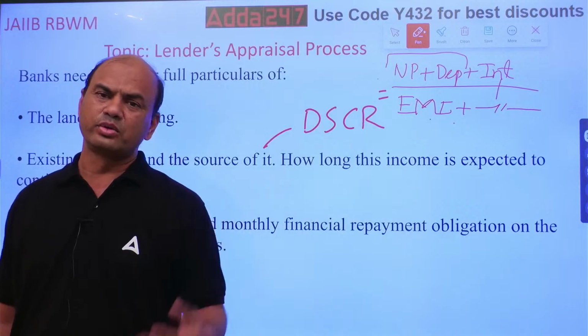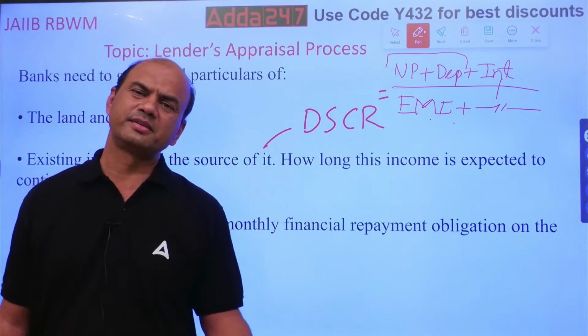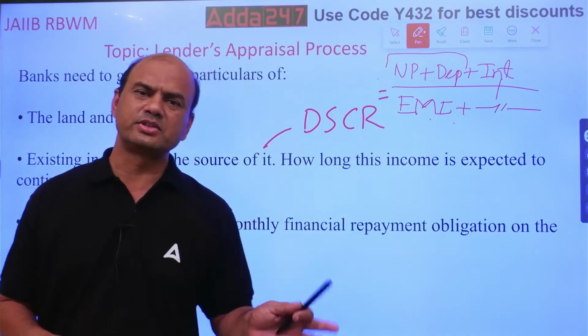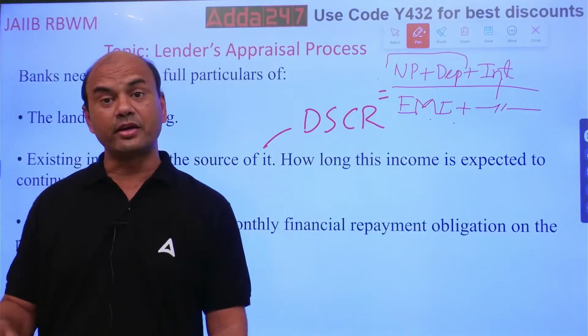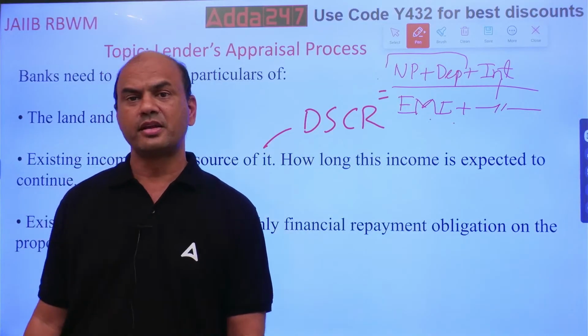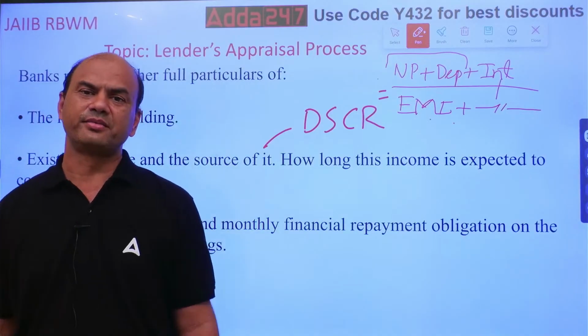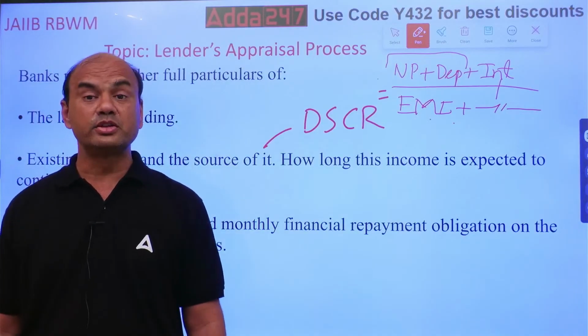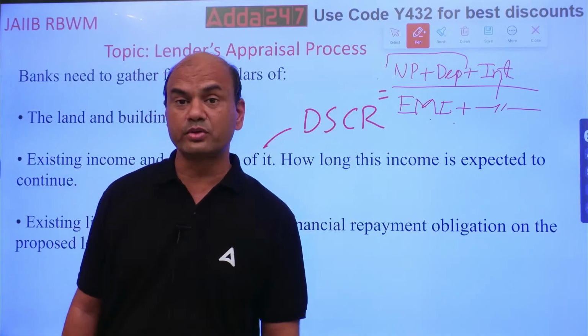Earlier, before 2000, people once in a job stayed up to 58 or 60 years, no problem, and after that there was also a pension. Now everything is unstable. There is no permanent job concept. So that is also important: how long the income is going to continue.